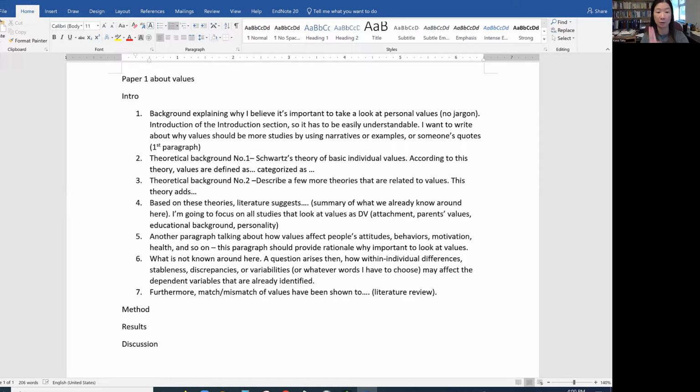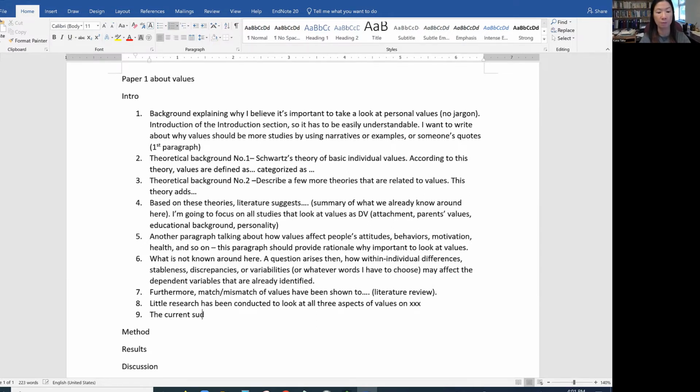That way, I now have 3 predictor variables: content of the values, within individual variabilities, and match or mismatch. And then I want to say little research has been conducted to look at all three aspects of values on the dependent variable.